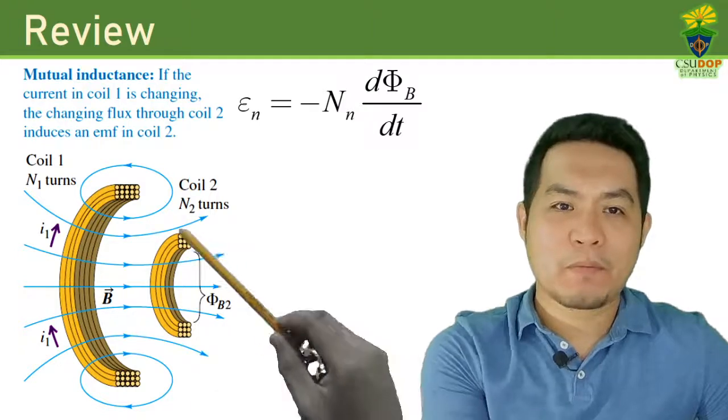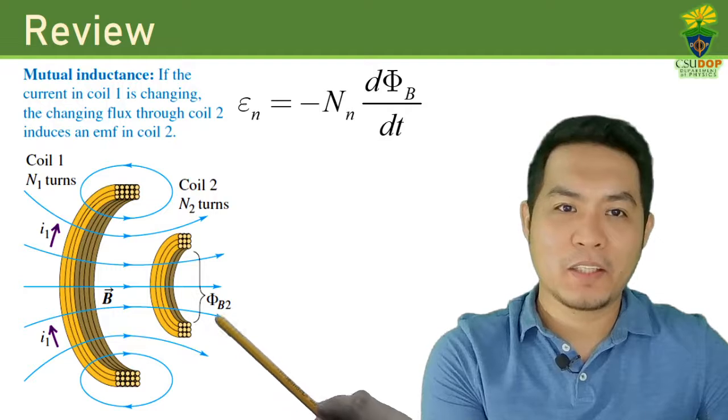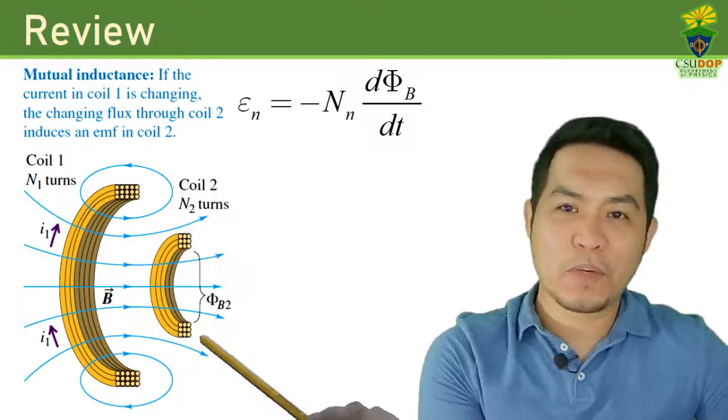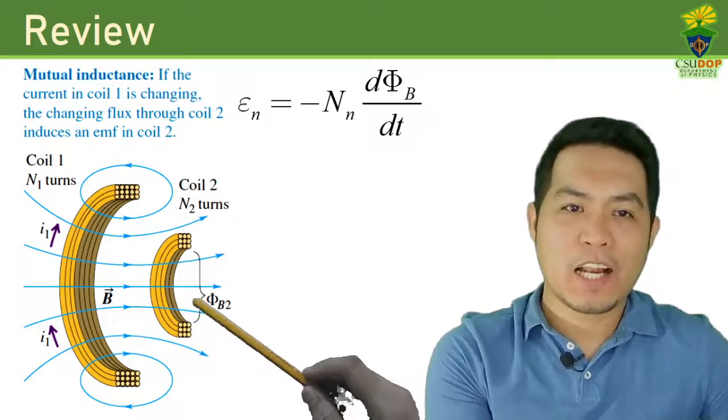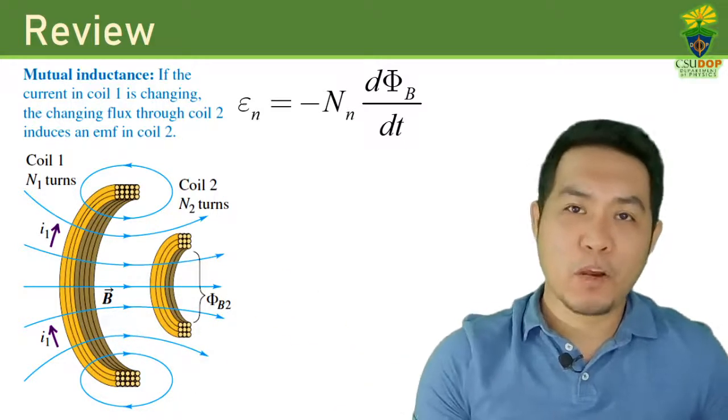And since a magnetic field is now induced in the second coil, there will now be a current flowing in the second coil. And since this current will also be changing, this will also induce a current on the first coil. Hence the term mutual inductance.